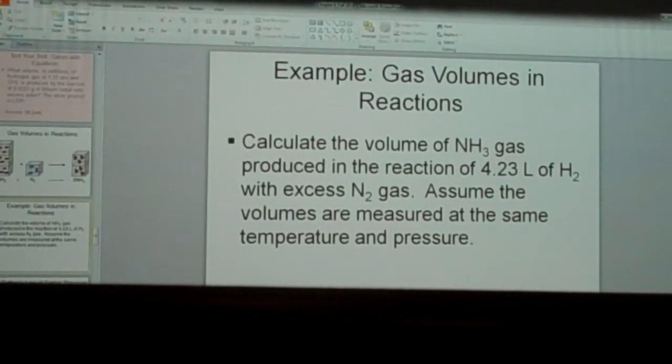This one will work with what you're doing. That's how I would probably do it. Well, it doesn't say, but it says at the same temperature and pressure. So you can use any pressure and temperature you want, as long as you stay the same on both sides. So use STP if you want.